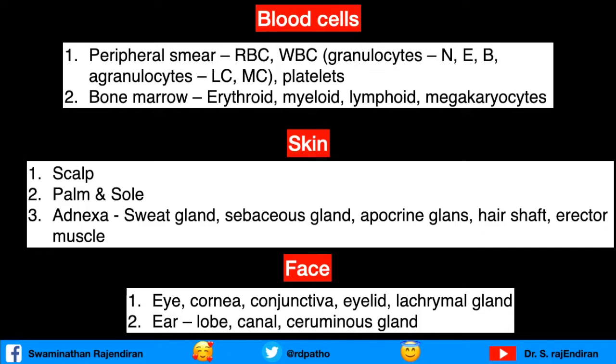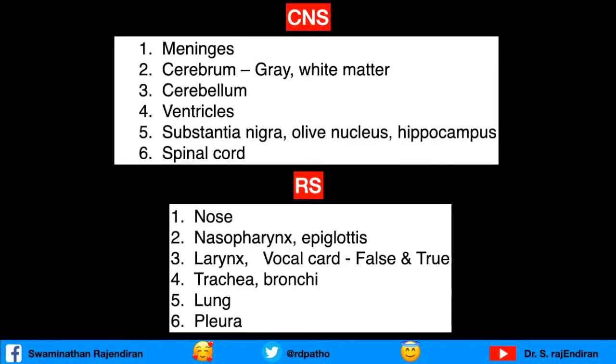In the face, you have to see the eye, cornea, conjunctiva, eyelid, lacrimal glands. In the ear, you have to see the external ear lobe, external auditory canal, and ceruminous glands. I'm not going to deal with the middle ear and internal ear because we never get biopsies from those sites.